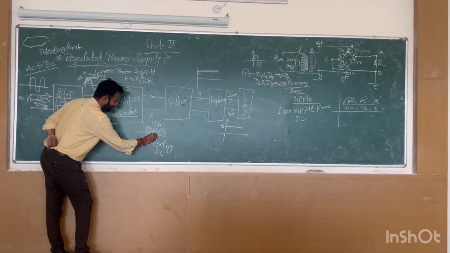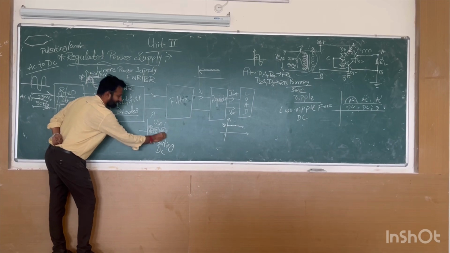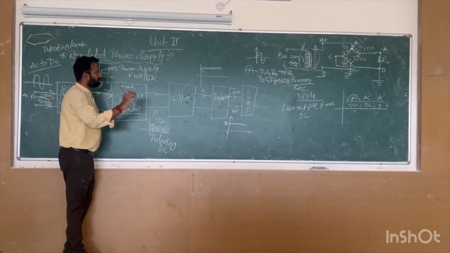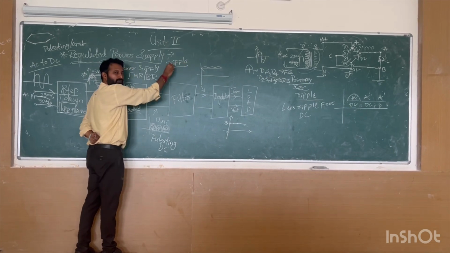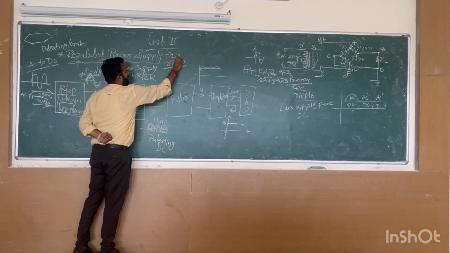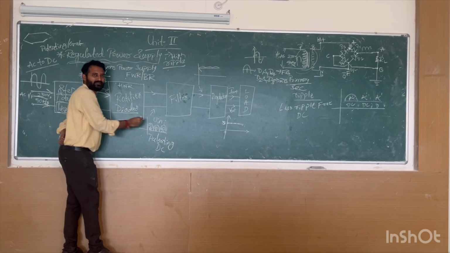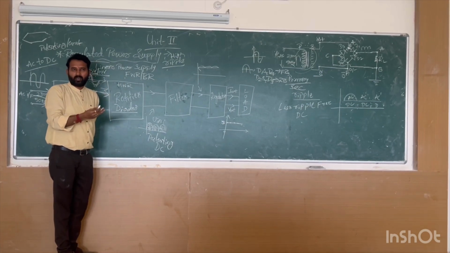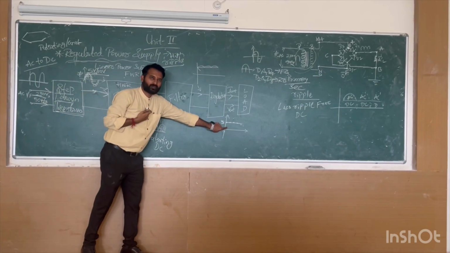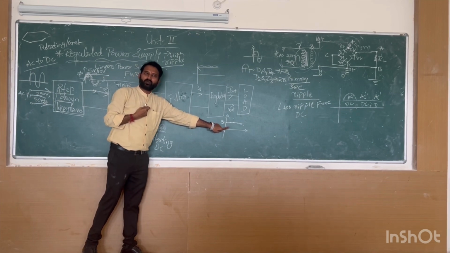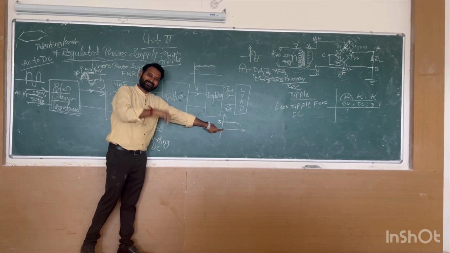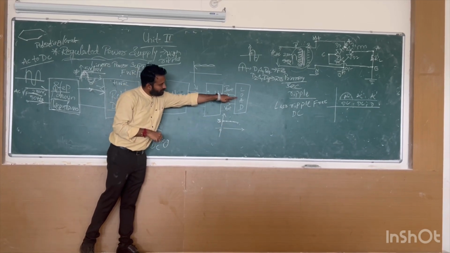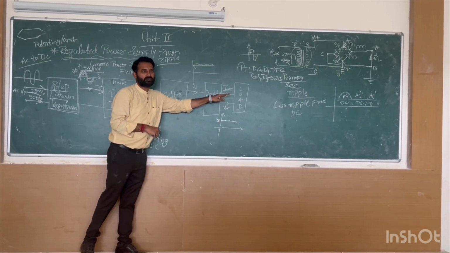Technically, it contains both AC and DC. AC means, keep in mind, ripple. This is a technical word: high ripple. Here I have a high amount of AC. But what is our task? We want pure DC, less ripple, that is less ripple or ripple free DC.